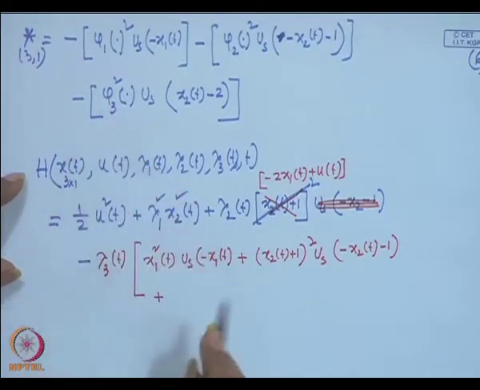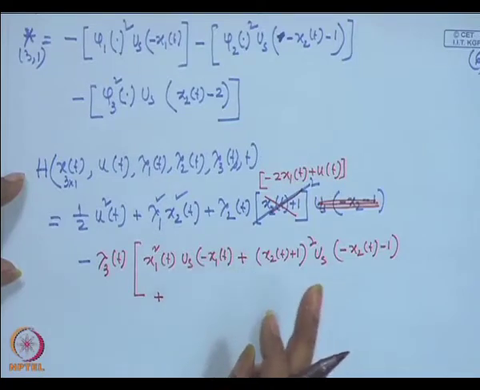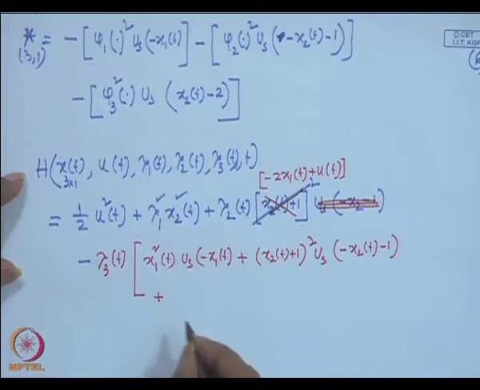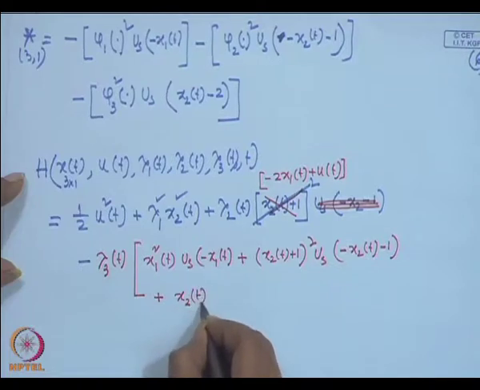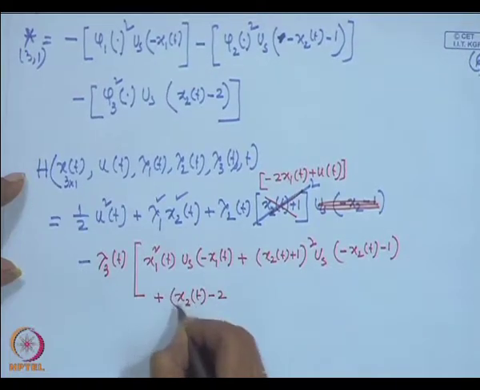psi 3 values. Psi 3 value is what? x2 minus 2, whole square.